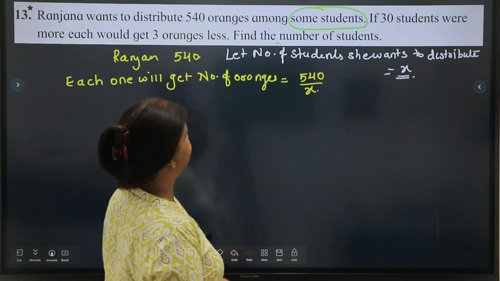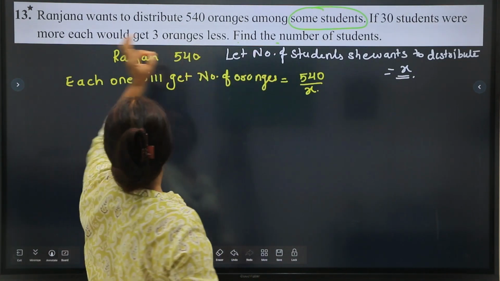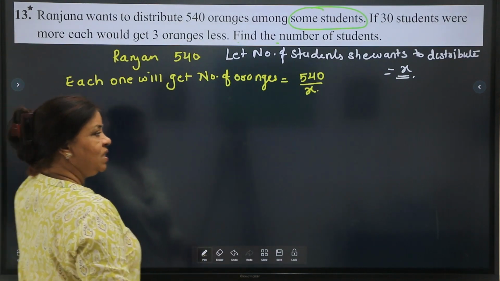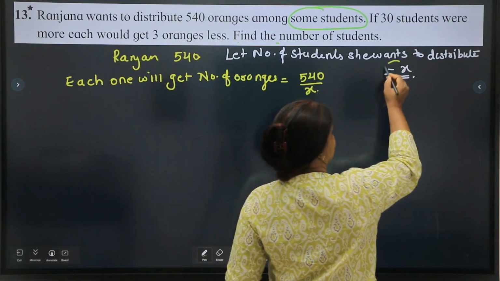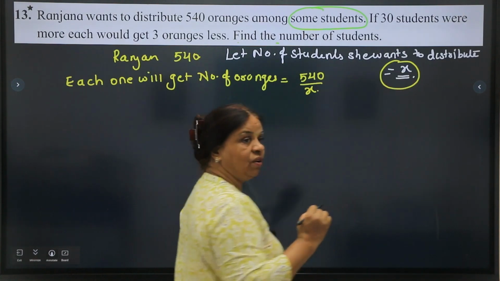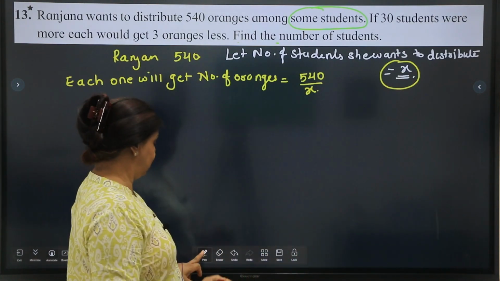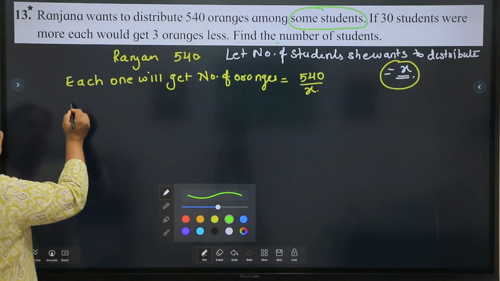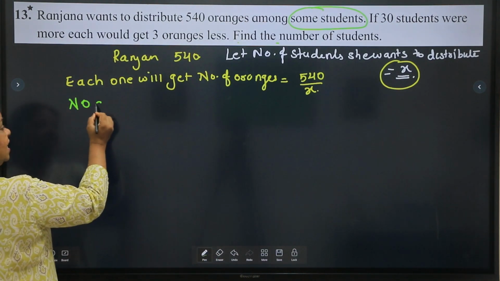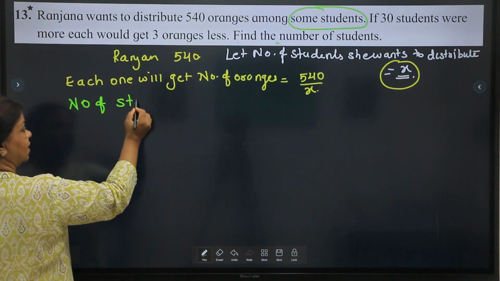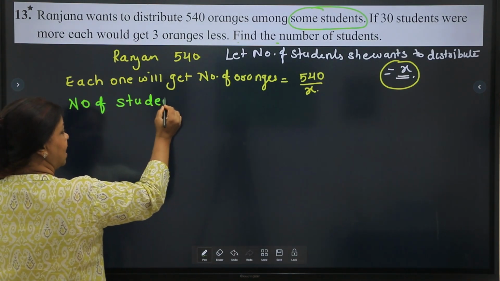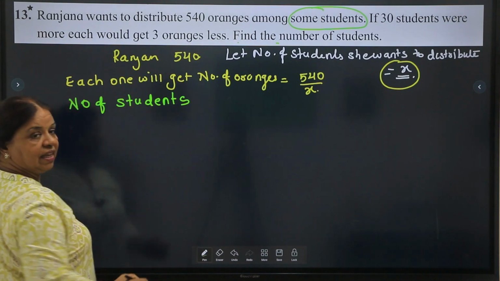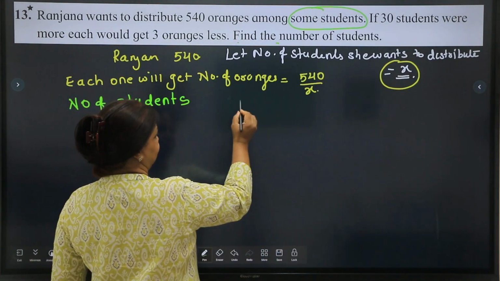Now see further, if 30 students were more, the original number of students is x, and now there are 30 more students. So now the number of students has increased. And what is that number of students now? That is x plus 30.